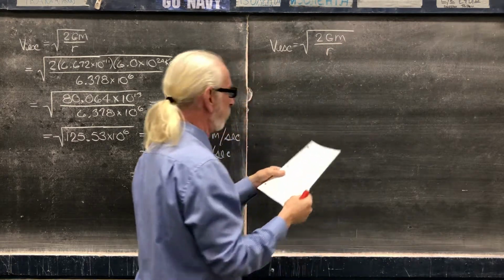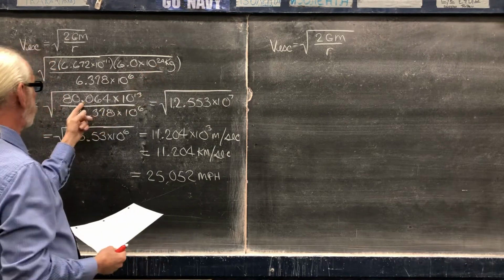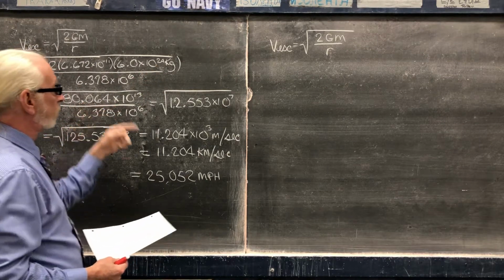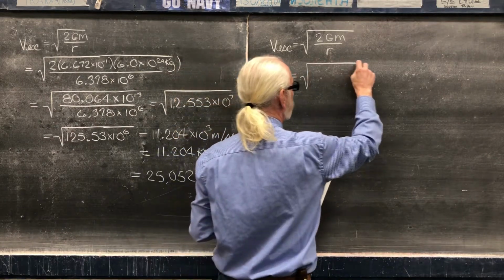Well, we've already done this top row, and that's not going to change. And so that comes out to 80.064 times 10 to the 13th.